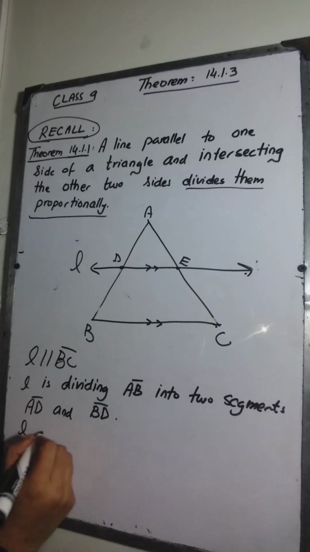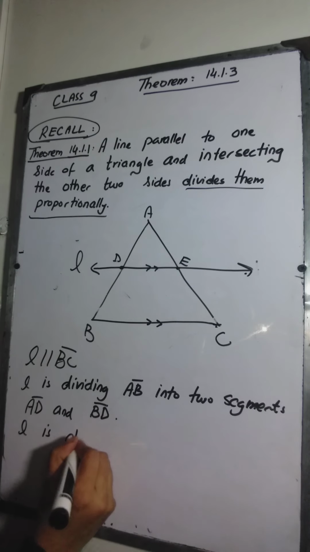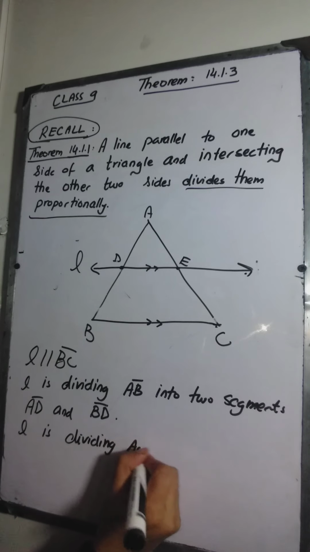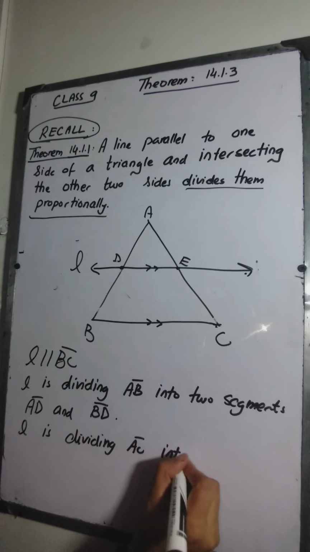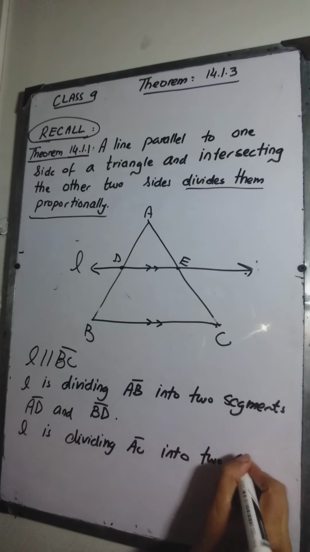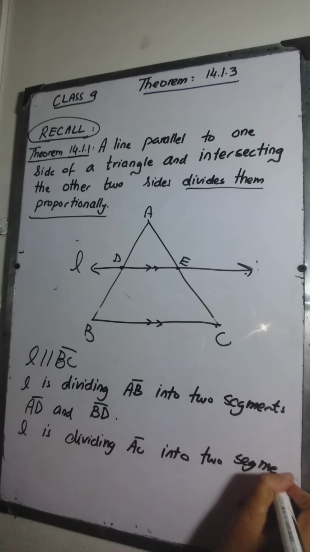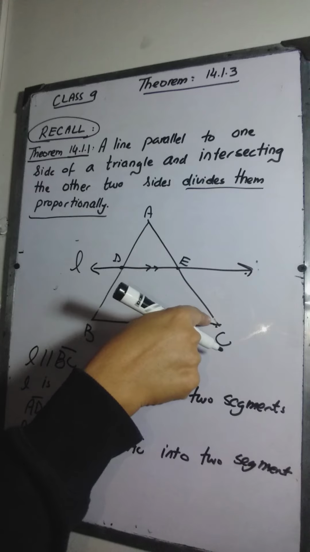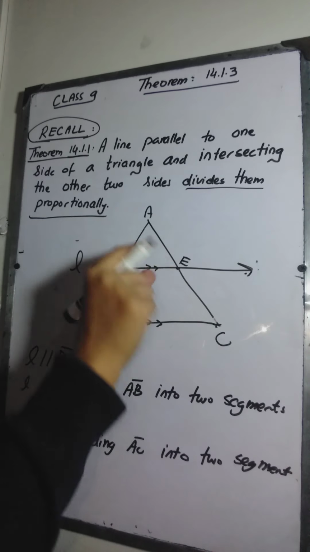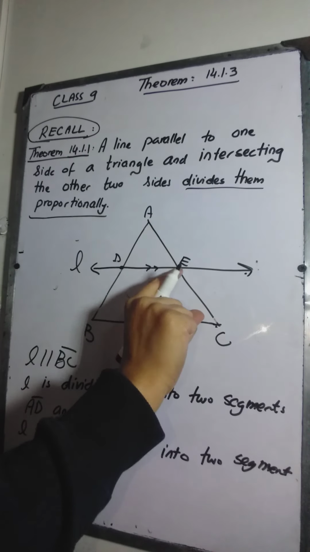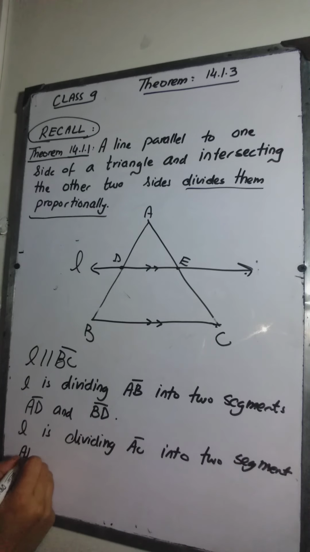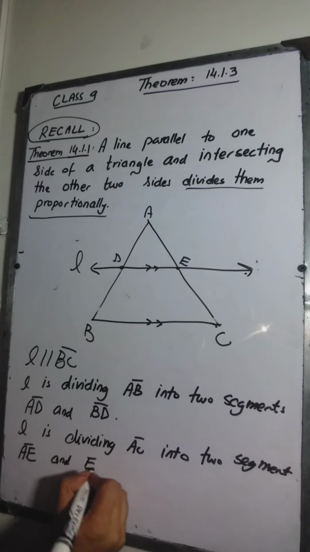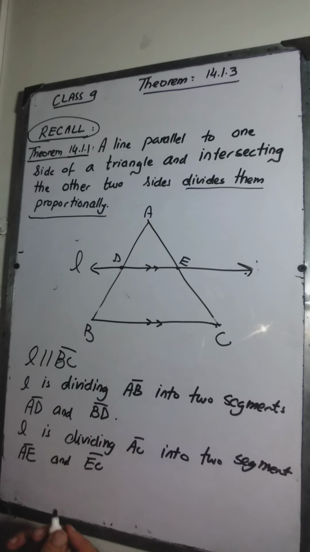And L is also intersecting or dividing AC into two segments. What are the two segments that L is making on this line? When it crosses AC, it is dividing it into two segments, AE and EC. Okay, AE and EC.